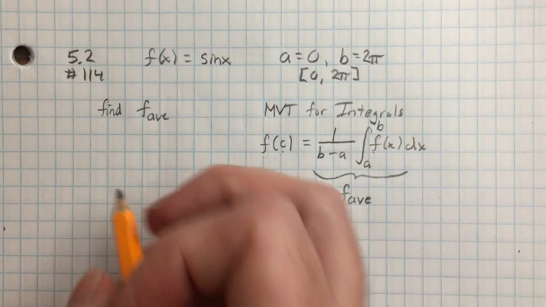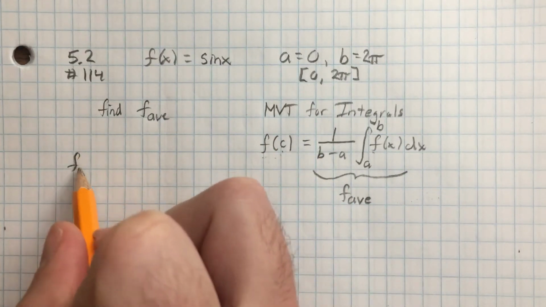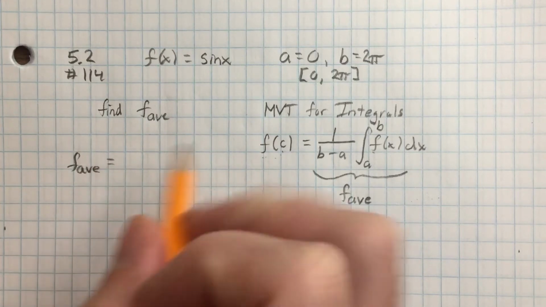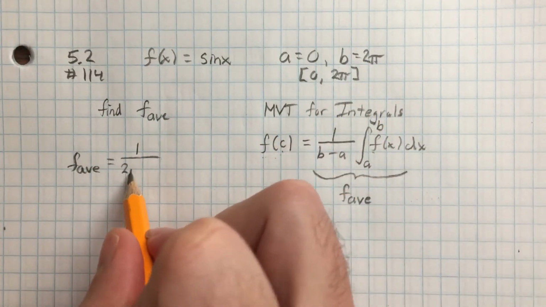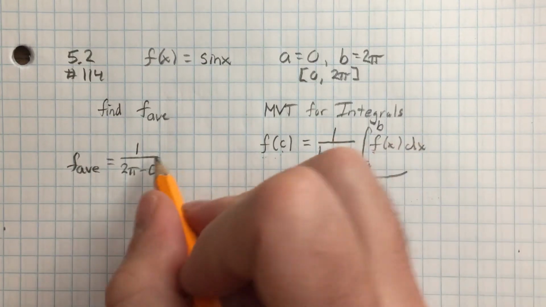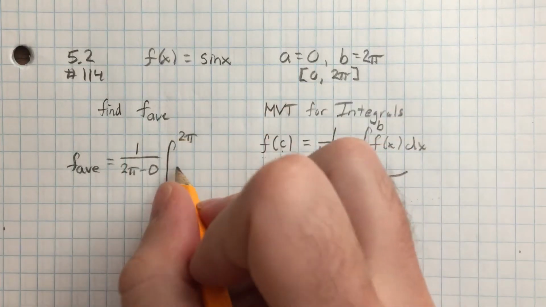Okay? So for us, that would be f average equals 1 over, in this case we're going from 0 to 2 pi, so 2 pi minus 0, integral 0 to 2 pi of the function sine x.